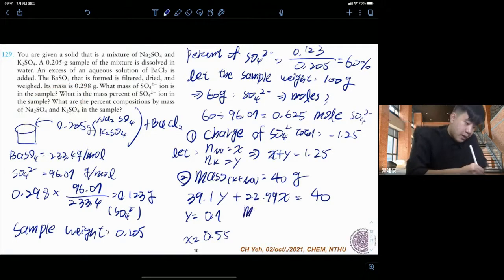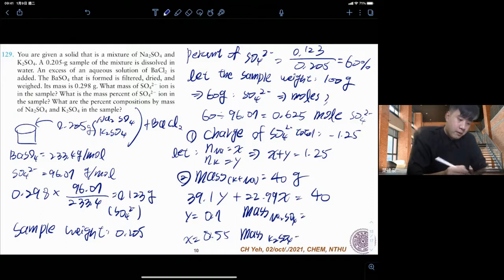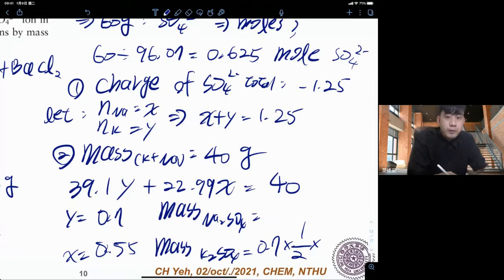After you finish these calculations, it will be easy to finalize the last part: the mass of Na2SO4 and the mass of K2SO4. We set the potassium as Y, so 0.7 times 1 over 2, times the molar weight of potassium sulfate, 174.27.